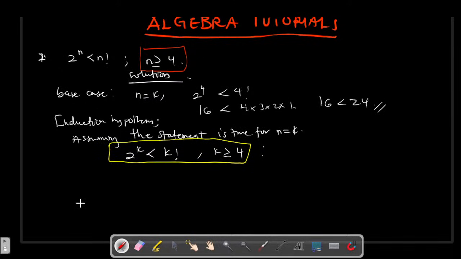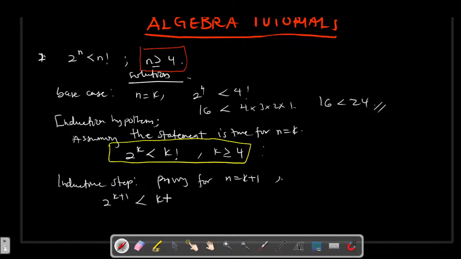Our inductive step. So with our inductive step, what do we do? Proving for n equal to k plus 1. That is the next term after k. Okay, so how do we do this? Wherever we see k, we put k plus 1. On our left side, 2 to the power k plus 1 should be less than (k plus 1) factorial. So how do I solve this?